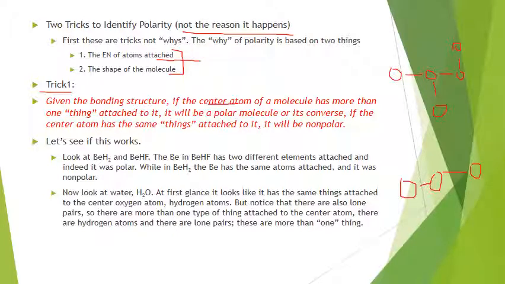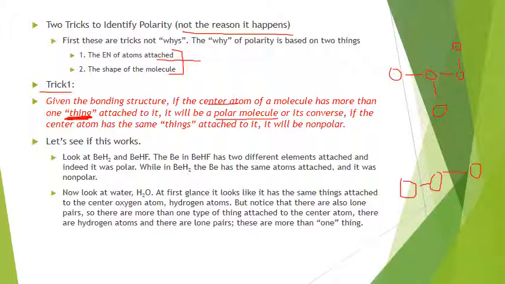Given the bond structure, if the center atom has more than one kind of thing attached, and here's the key word, it's just like we did with figuring out the sp2s and sp3s, the thing could be either a lone pair or a bond. If it has different things attached, the molecule is going to be polar. The opposite is also true. If the center atom has the same things attached to it, it will be nonpolar.